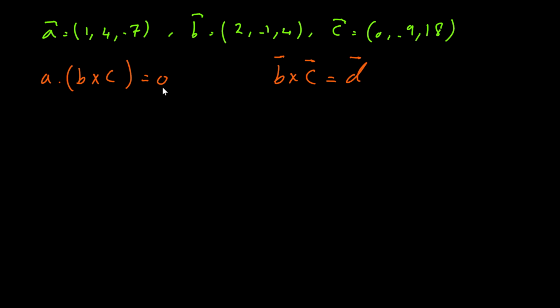Now let's go ahead and do the triple multiplication. How do we write this? A dot B cross C is going to be the 3 by 3 determinant with the vectors that we had before. The second row and the third row are going to be the two vectors. Let me write that: 2, -1, 4, then we have 0, -9, and 18.